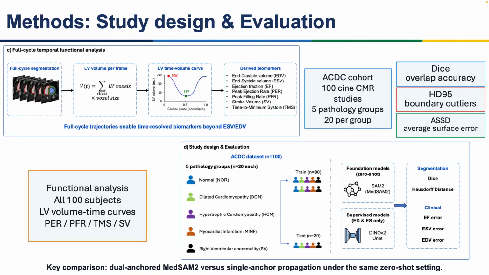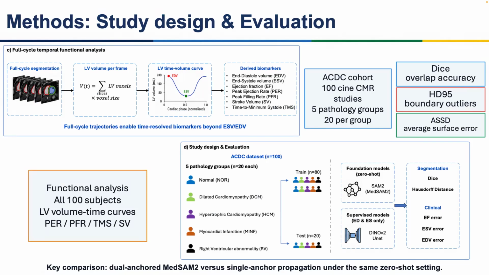Full cycle functional analysis was conducted across all 100 subjects using the automatically propagated masks. This component is exploratory because full cycle expert contours are not available in ACDC. Our primary comparison is dual-anchored versus single-anchored MedSAM2 under the same zero-shot setting.